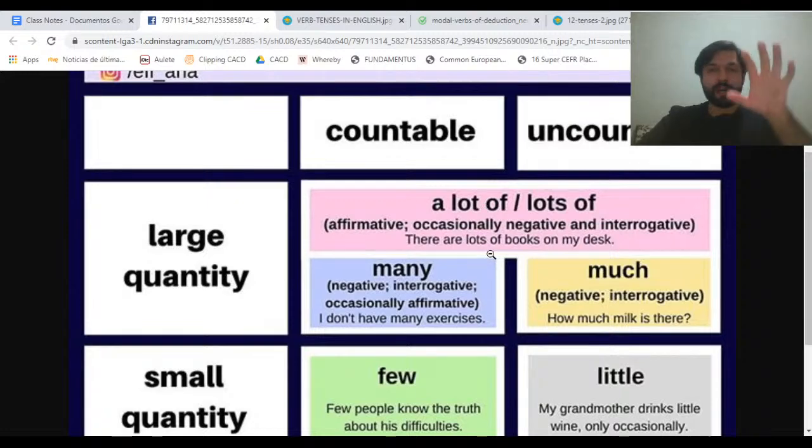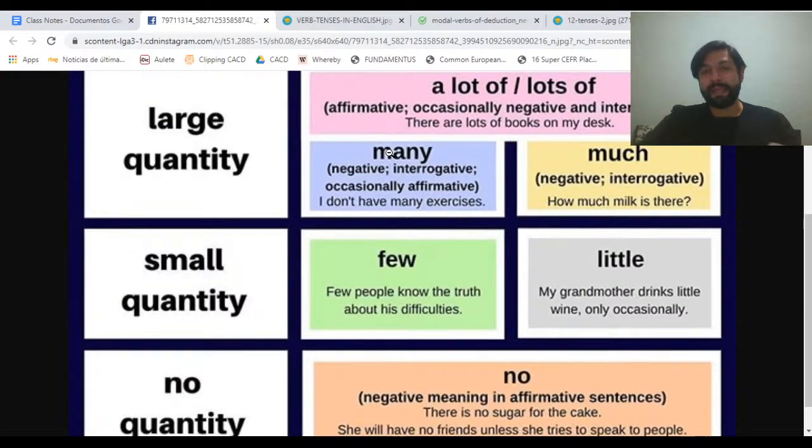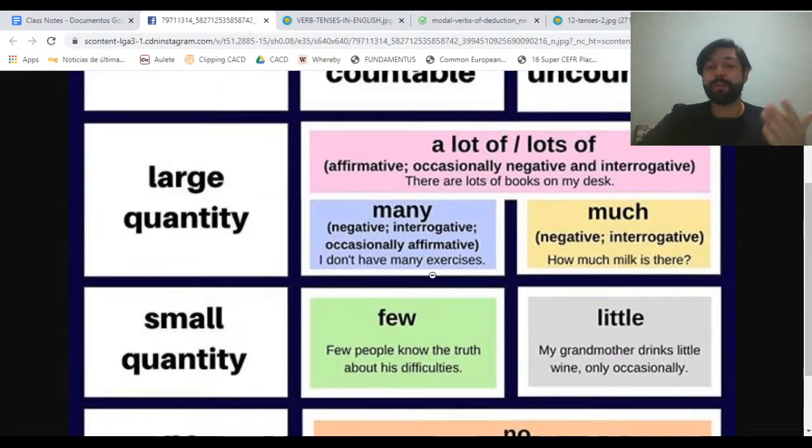So, a lot of, lots of, countable and uncountable. It means a large quantity, and many, much. Many for countable, much for uncountable. It means a large quantity as well. The opposite of many is few. So few means a small quantity for countable things.